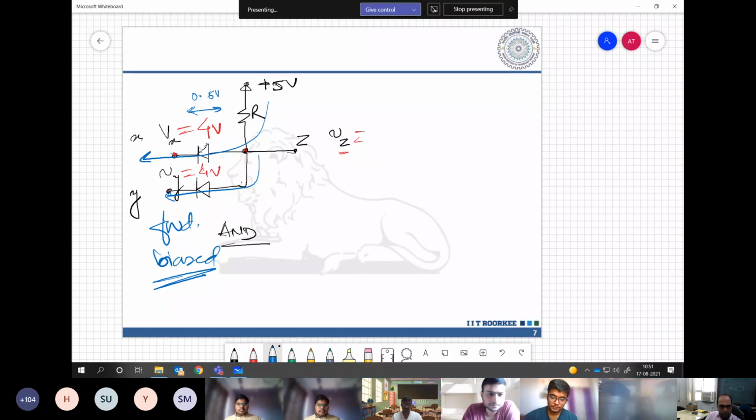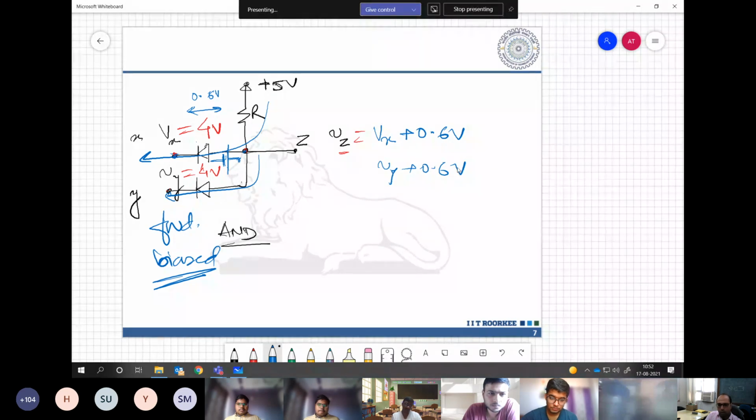Okay. Now if this is 4 volts and your drop, please mind it, the polarity of this drop or this threshold voltage is opposite to the current, right? So if you start from this point and write the KVL up to this VZ point, how much voltage do you expect? VZ should be Vx plus 0.6 or Vy plus 0.6, because both are the same. 4.6.